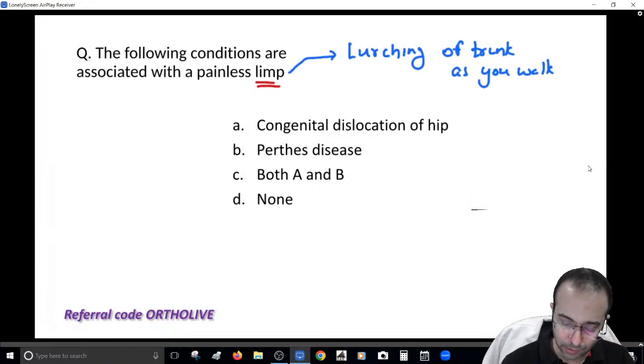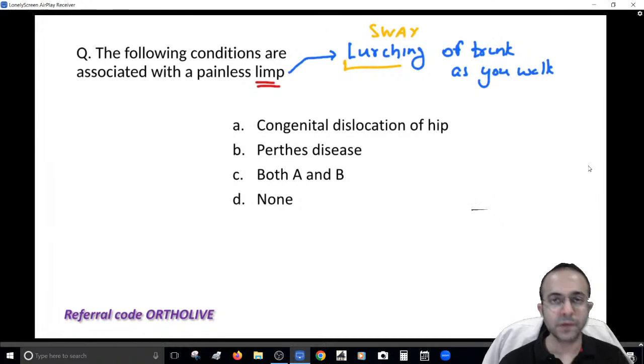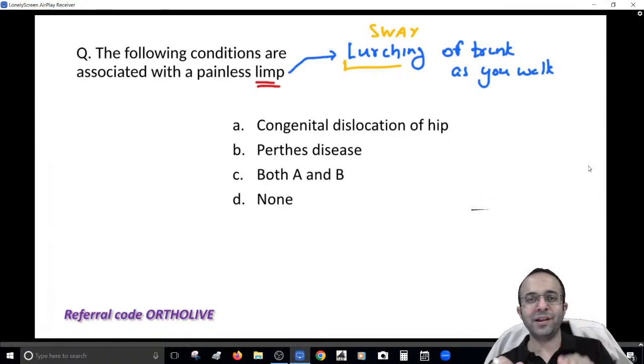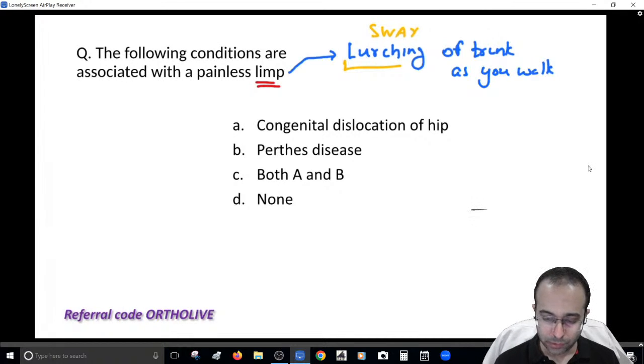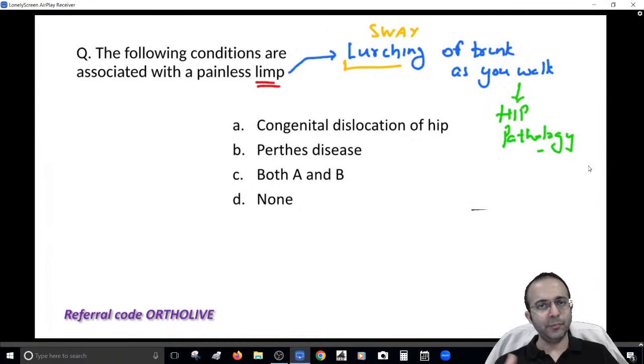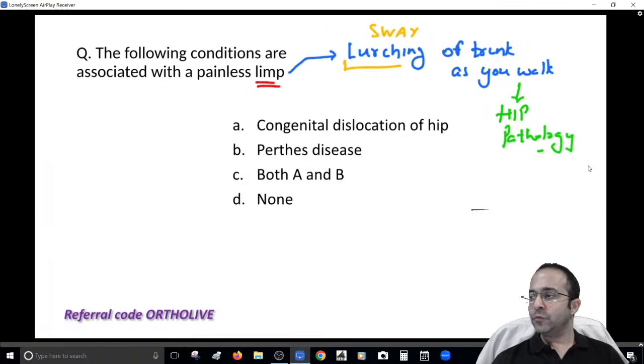So please, lurching, sway. So sometimes when you walk, the sway of your trunk, that's what's limp. And limp basically means that there is some problem with hip. Hip pathologies are like classically having the symptom limp. So you have to tell me the conditions where you find a painless limp.